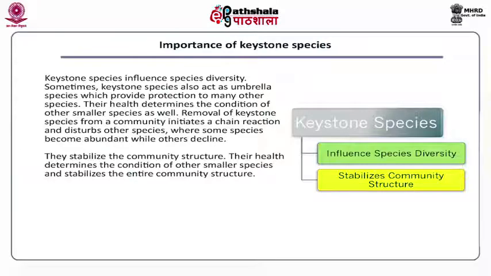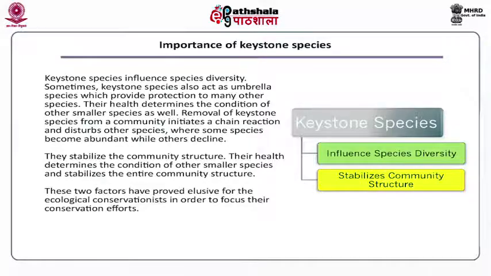Removal of keystone species from a community initiates a chain reaction and disturbs other species, where some species become abundant while others decline. They stabilize the community structure. Their health determines the conditions of other smaller species and stabilizes the entire community structure.